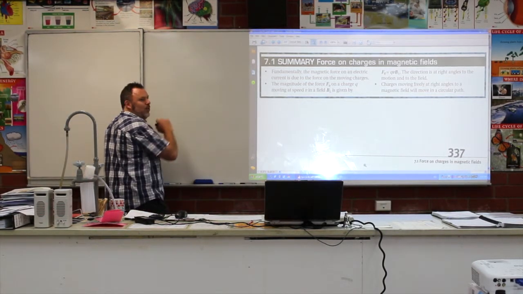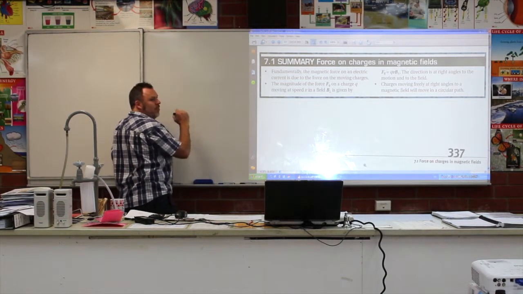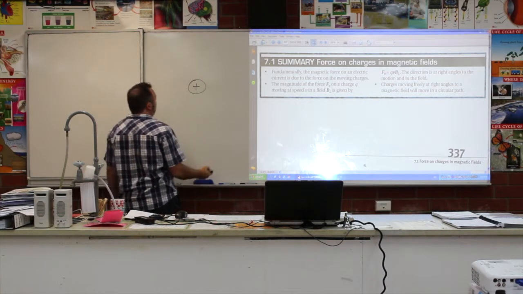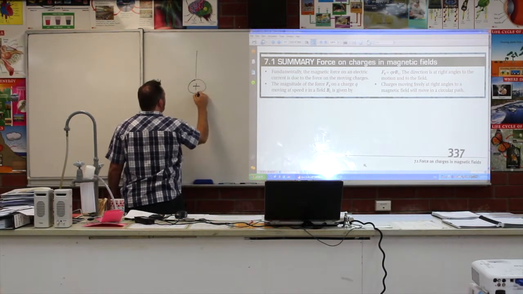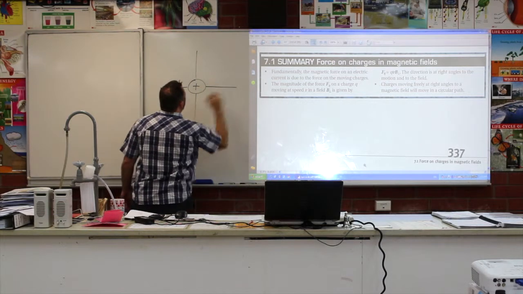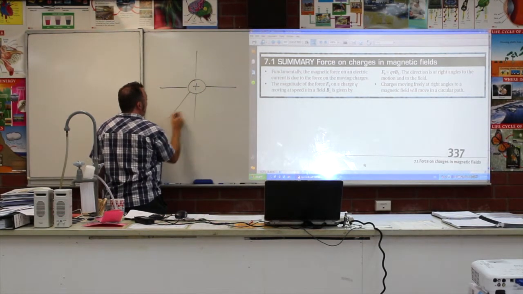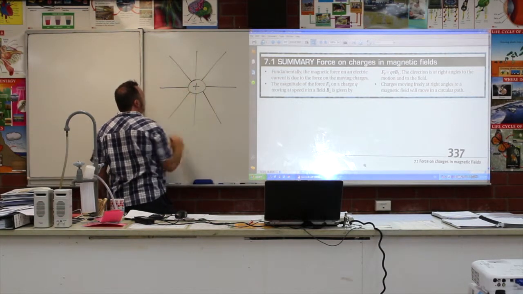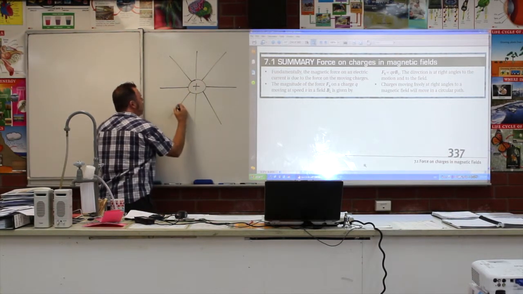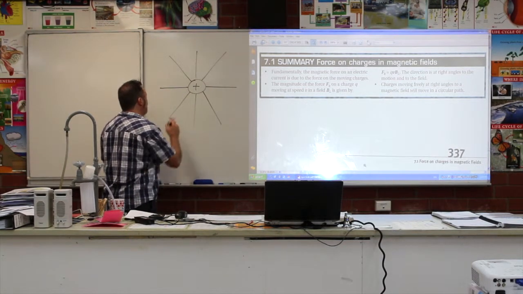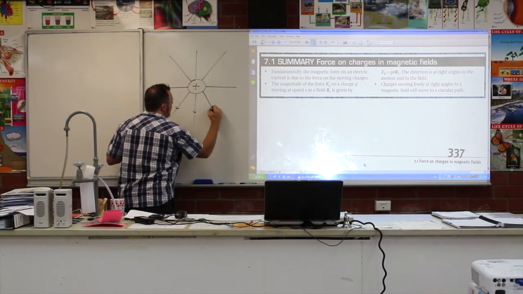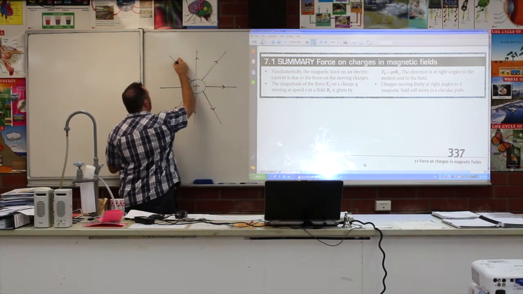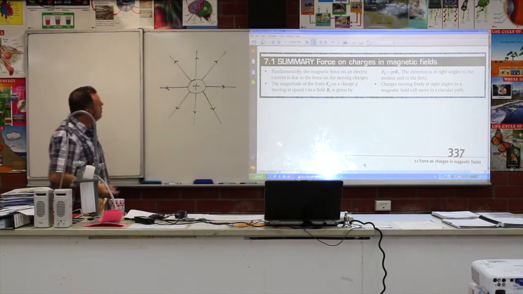Firstly the charge in the middle, like a small circle with the plus, and then draw like a cross coming out of it at even length, and then between those draw other lines, and then because it's a positive charge, you draw the lines going away from it. So how do I show that? Three arrows. Excellent. So that is correct. That's a radial electric field around a positive point charge.